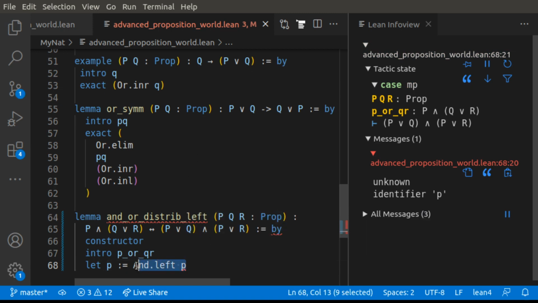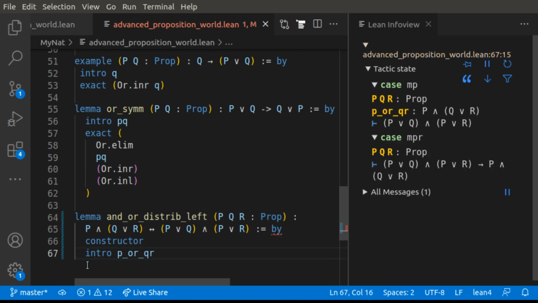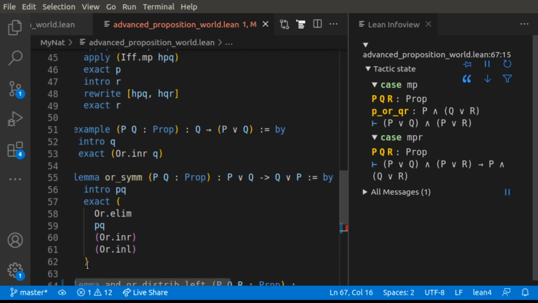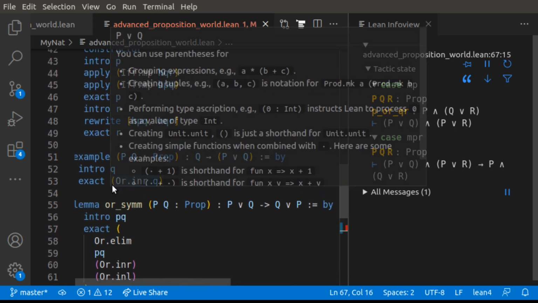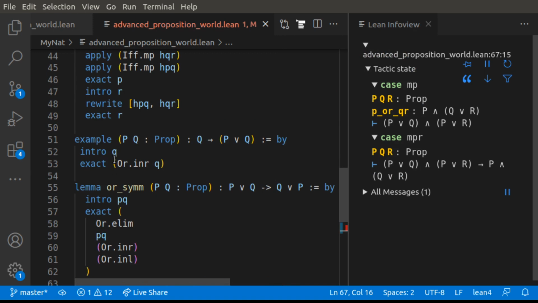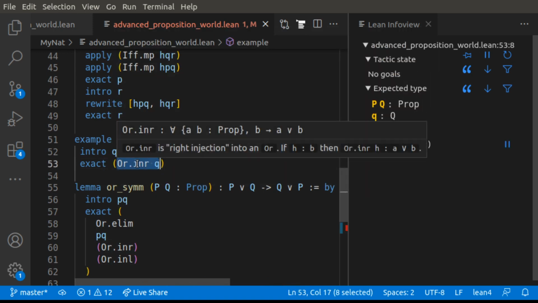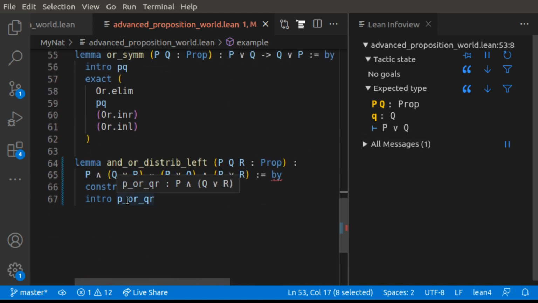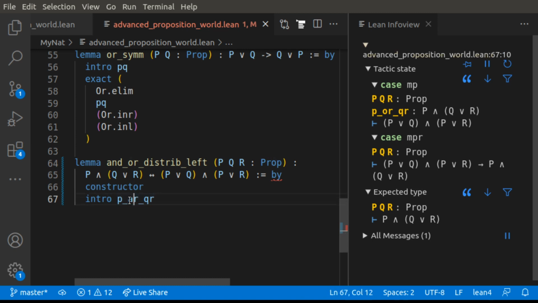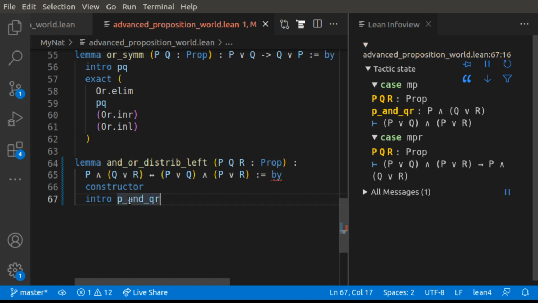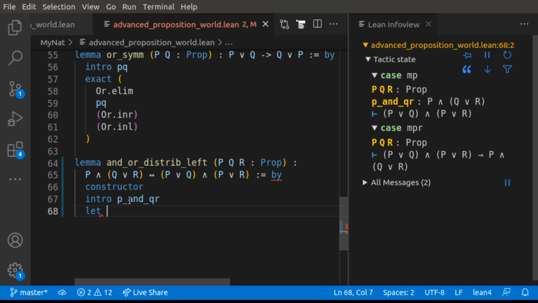We can't do that. Oh wait, this is P and, okay. We can do this.